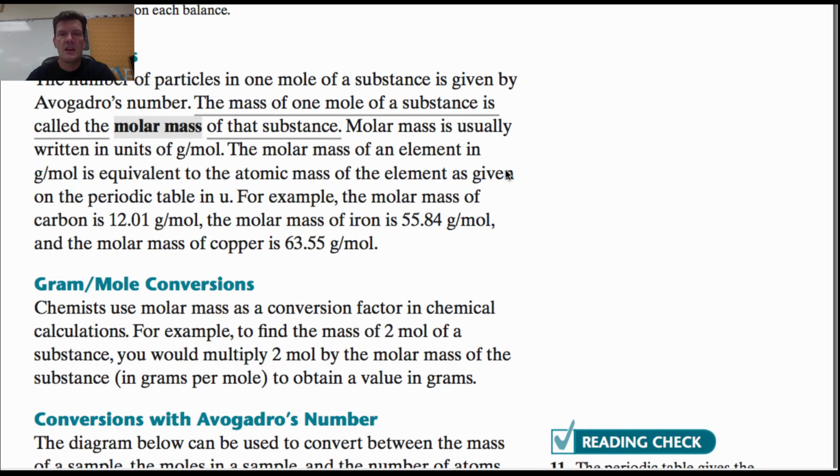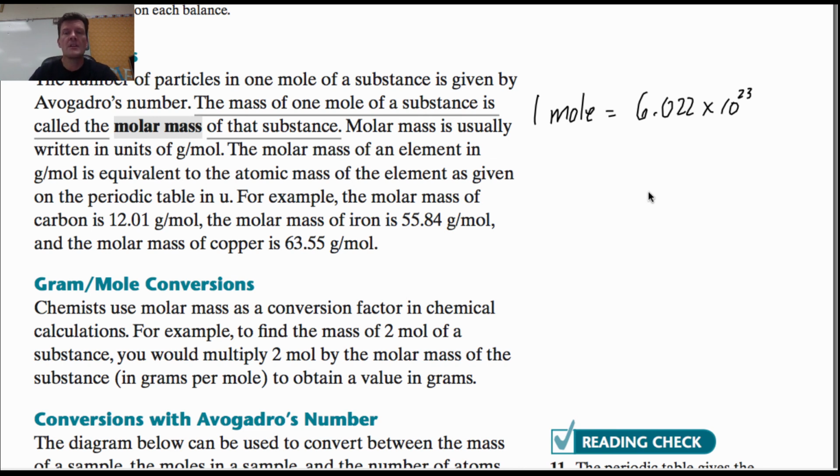All right? As I mentioned, a mole, 1 mole of anything, it doesn't matter what it is, anything. 1 mole is just a number. 1 mole is the quantity 6.022 times 10 to the 23rd, whatever that item is. In this case, we're talking about particles, atoms, compounds, ions, whatever.